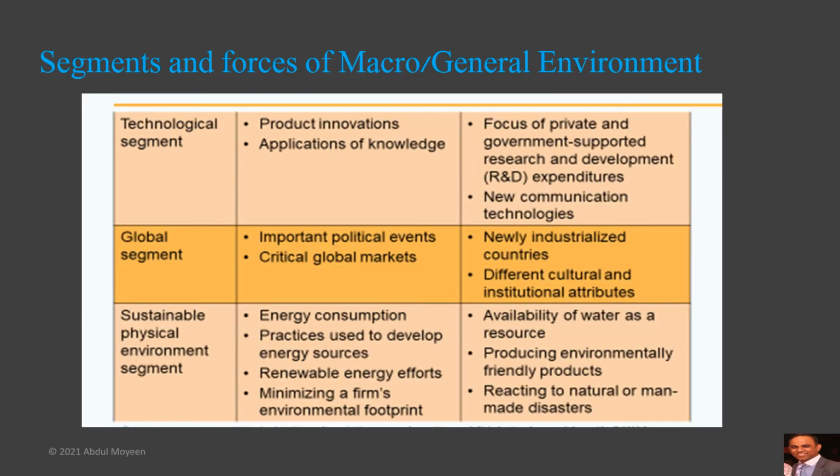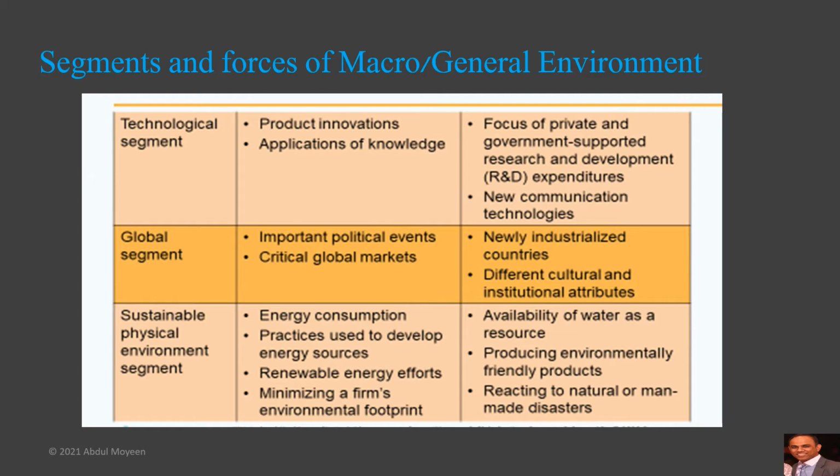So the next ones are the technological segment, global segment, and sustainable physical environmental segment. The sustainable physical environmental segment is basically about climate change issues, like energy consumption, renewable energy efforts, and how we can minimize the carbon footprint or environmental footprint.